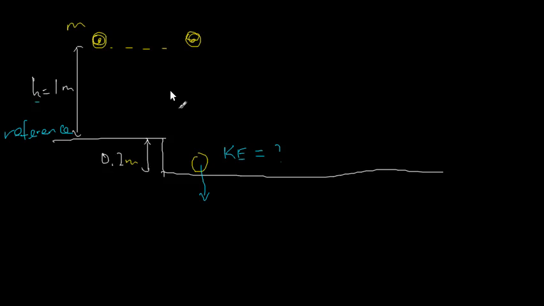Okay, the way to do it is to think about positive and negative directions for h. So think of the h like a displacement. If I choose up as positive and down as negative, then when the ball is at a height of 1 meter above this reference level, I'll call this height plus 1 meter.